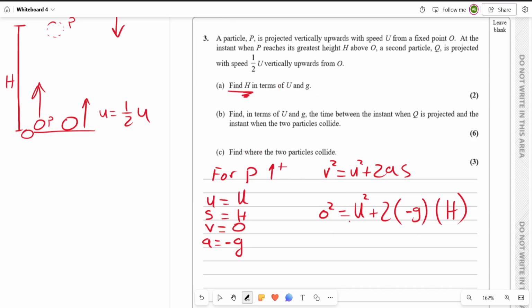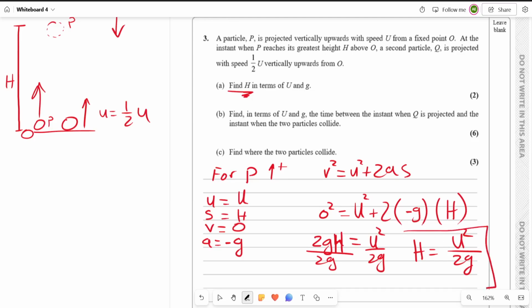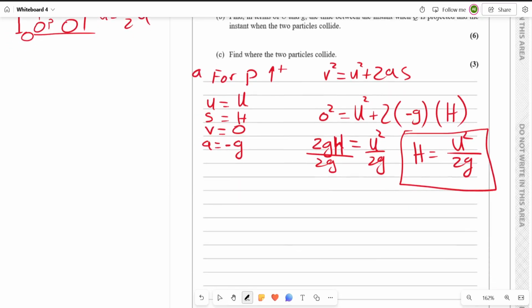Let's move the 2 times negative g times h to the other side. It becomes 2gh equals u squared. If I want h, I divide both sides by 2g. So h equals u squared over 2g, and this is my answer for part A.